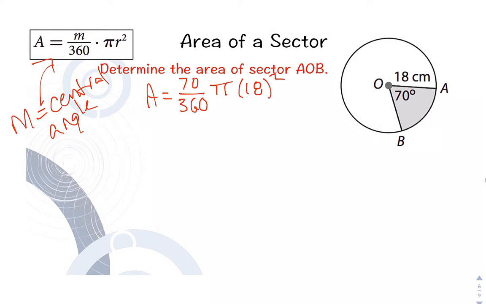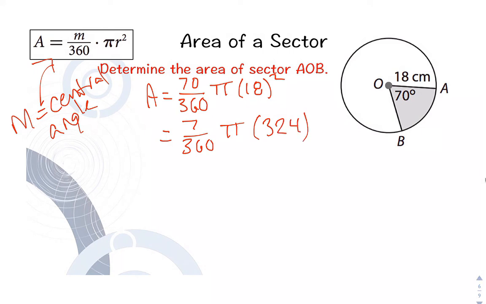Okay. Now, in this case, if I look at 70 over 360, that's not going to come out to be nice and neat. 18 squared, that's going to be a big number. So in this case, I'm just going to go ahead and get an approximate answer. So I know zeros are going to cancel out. 7 over 36 times pi, and then 18 squared is 324. Okay.